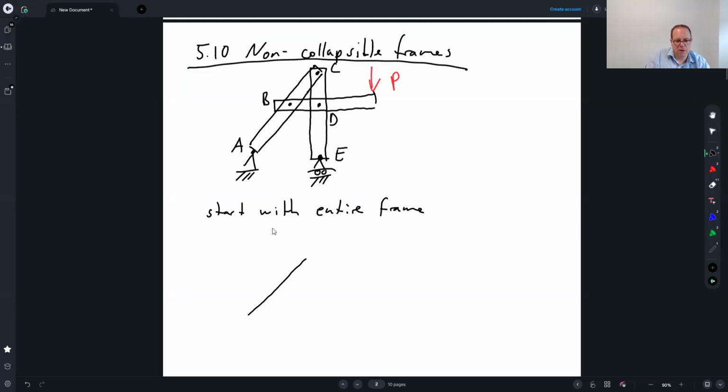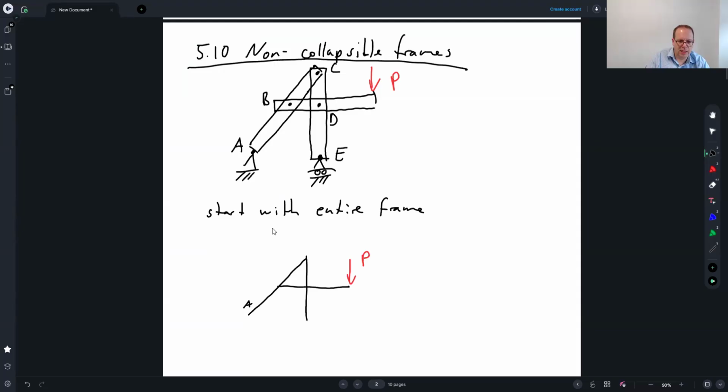So we have one bar going across, one down, and one down. Just like we did when we did the trusses, right? We don't have to care what all the connections are here. We just say it's one big rigid object. We have our load P. We have, of course, all of our names here.